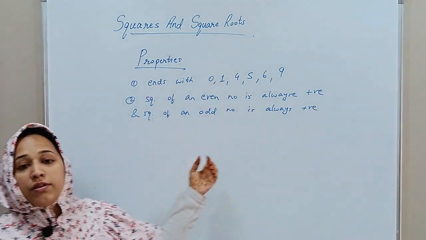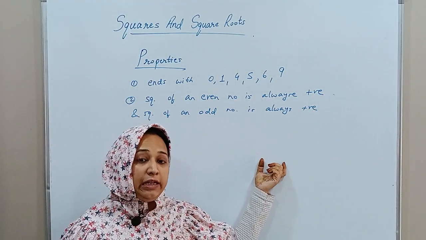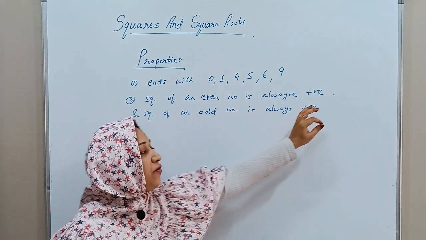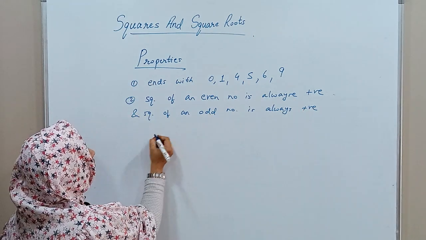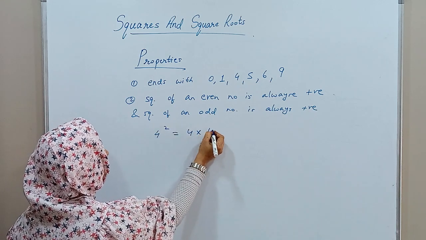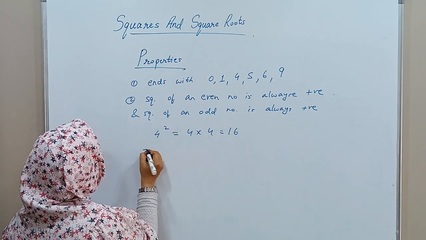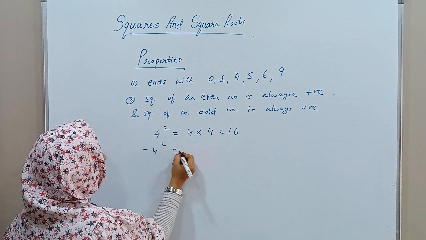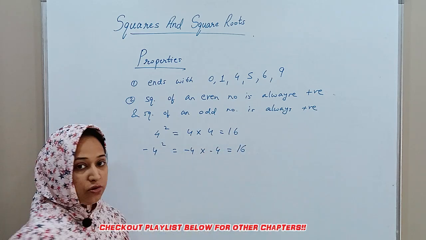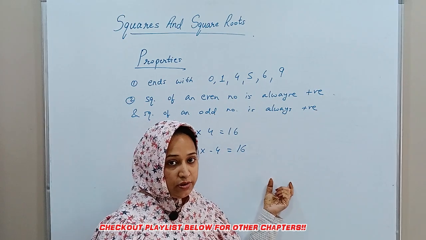So the square of any integer, be it positive or negative, will always be positive. For example, 4 square is 4 into 4, that is 16, and minus 4 square is minus 4 into minus 4, which is again 16. So the square is always positive.